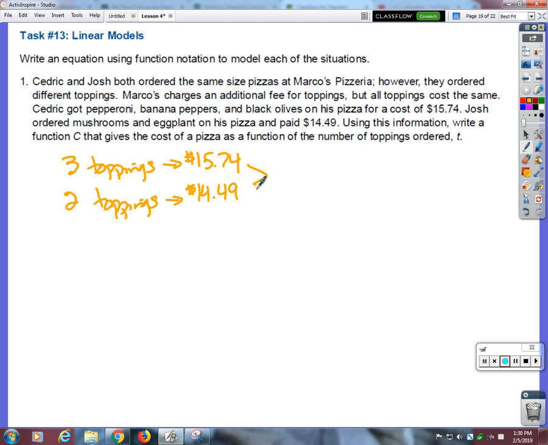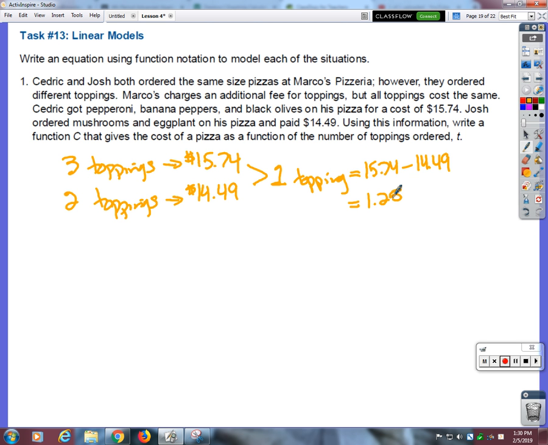Okay, if this has 3 toppings and it costs $15.74, and this has 2 toppings and it costs $14.49, that means one topping costs whatever $15.74 minus $14.49 is. Does that make sense? Yeah. Because one additional topping on the pizza costs $1.25 more.